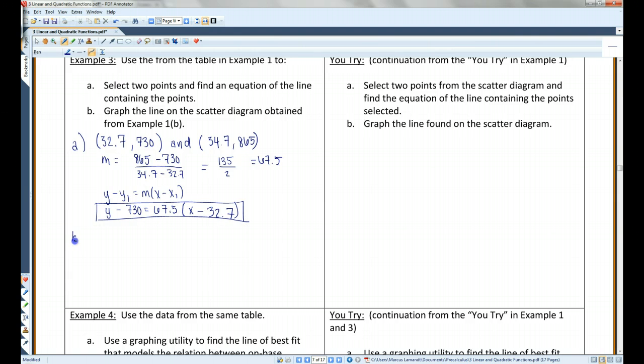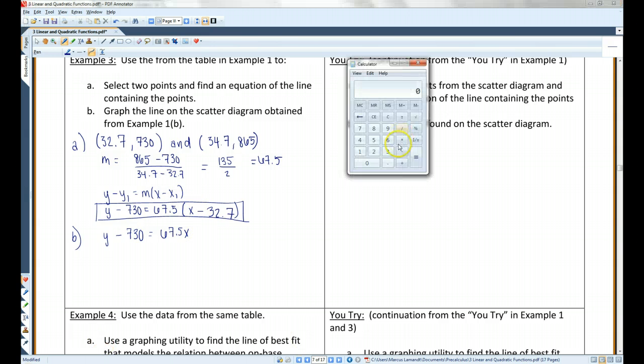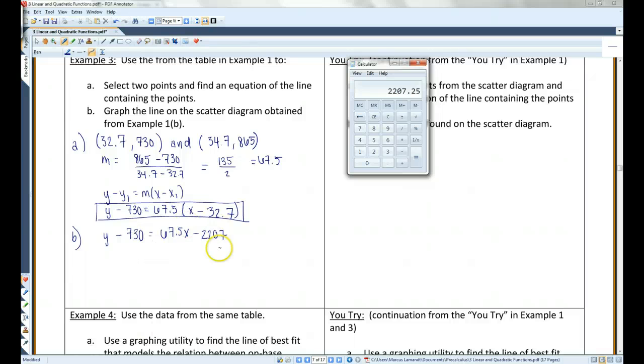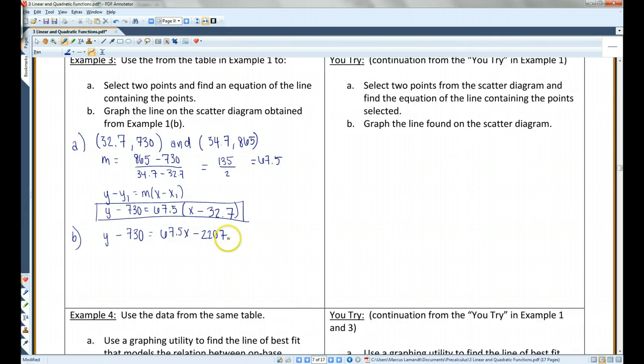Okay. Now, if I want to graph it, I'm actually going to convert this into slope-intercept form. So I'm going to distribute the 67.5. Let's pull out a calculator. Alright. 67.5 times 32.7. There we go. 0.25. Alright, then I'm going to add 730 to both sides.